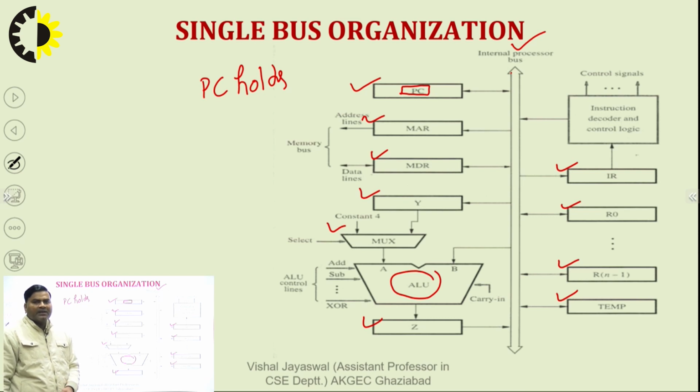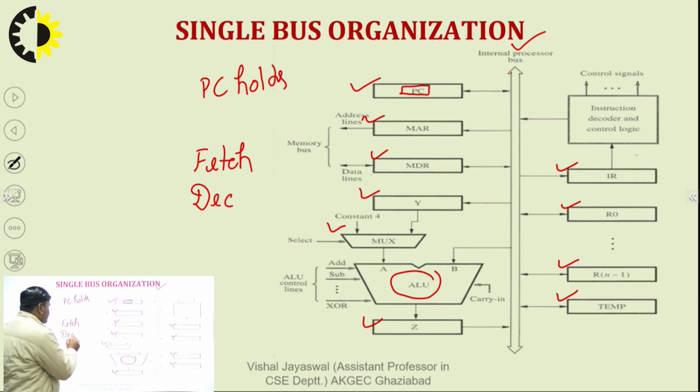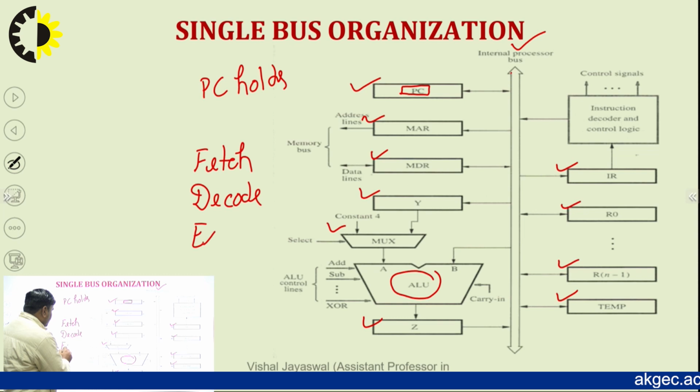If we want to execute an instruction, first we extract the instruction from memory. The operation is performed in 3 steps: first fetch the instruction, then decode the instruction, and third execute the instruction.